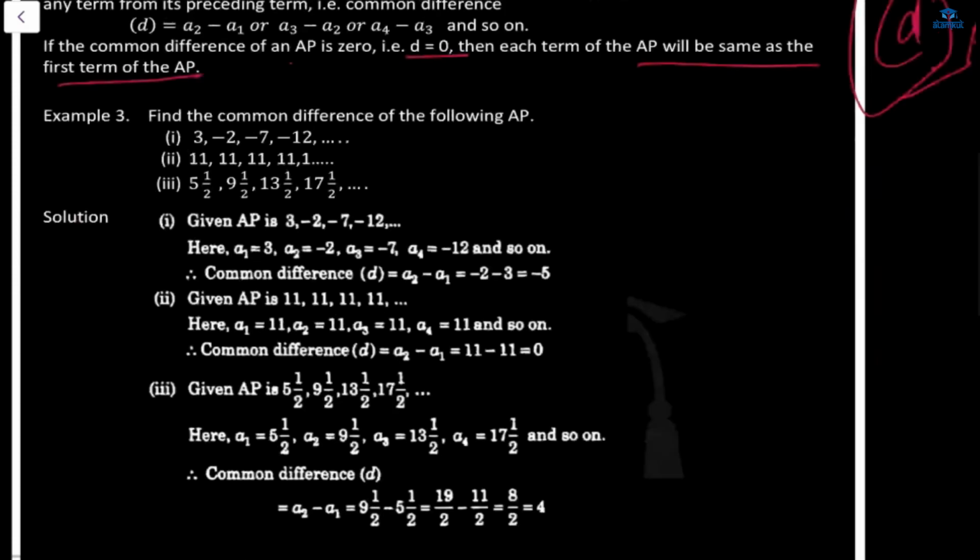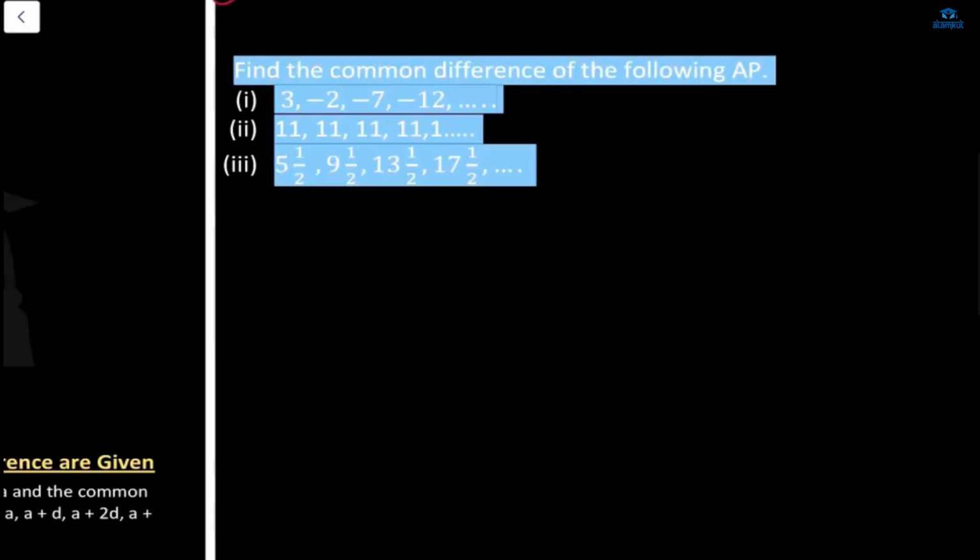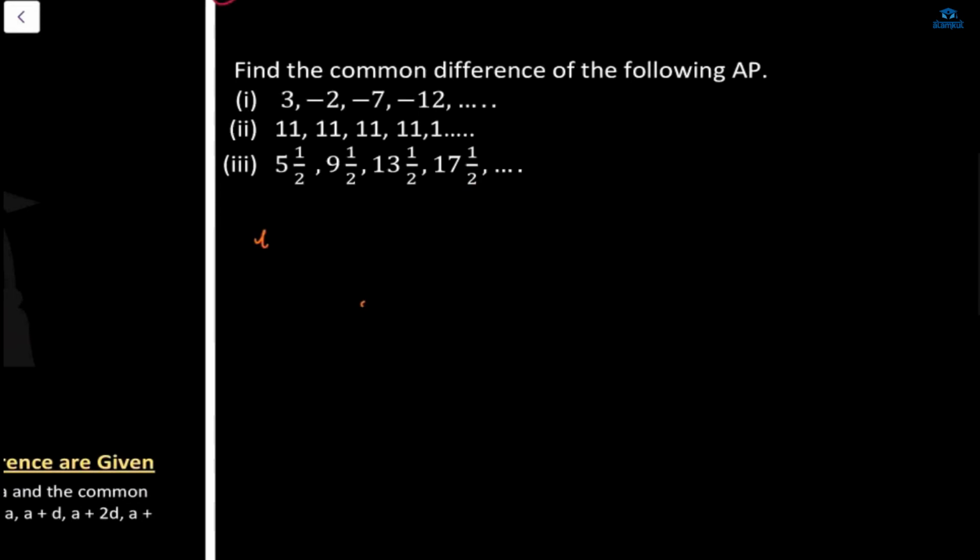Now let's check the questions. First one: find the common difference of the following AP. How are we going to find the common difference? Here you can see A1 is equal to 3, A2 is equal to minus 2, A3 is equal to minus 7, and A4 is equal to minus 12.